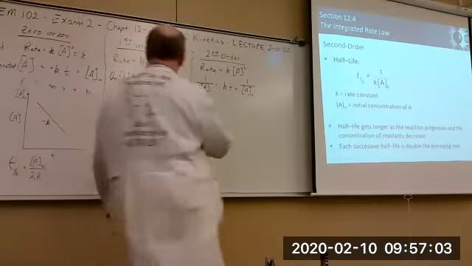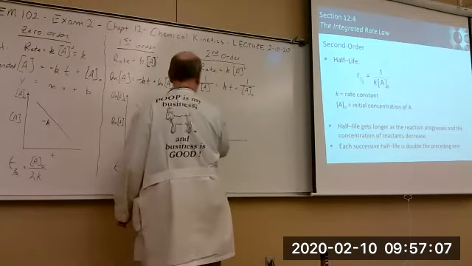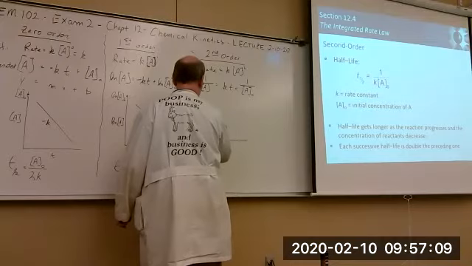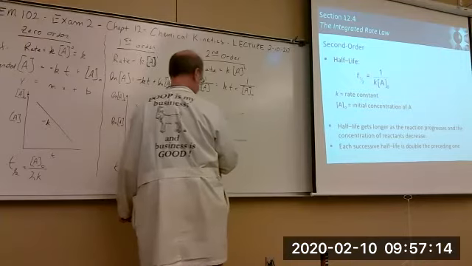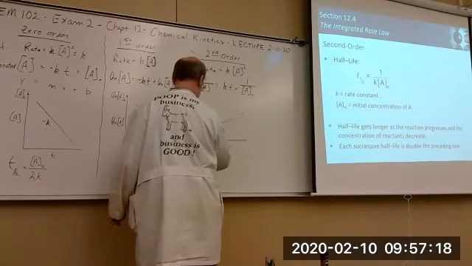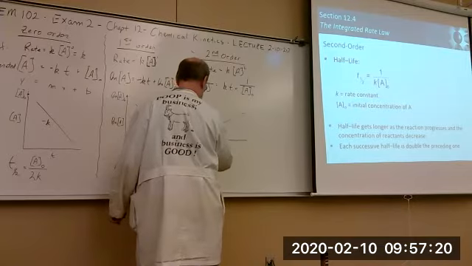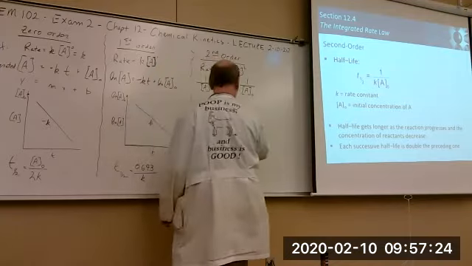Okay, so we plotted time against the reciprocal there, and we get a straight line. And where it intersects here is the reciprocal of the initial concentration, and the slope is a positive k.